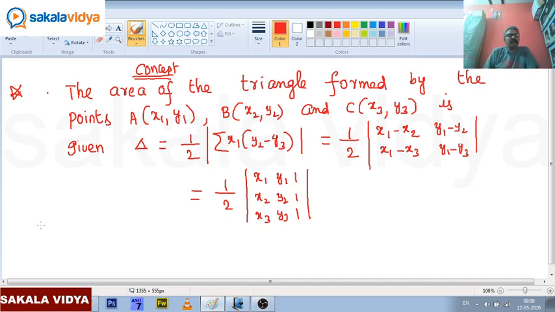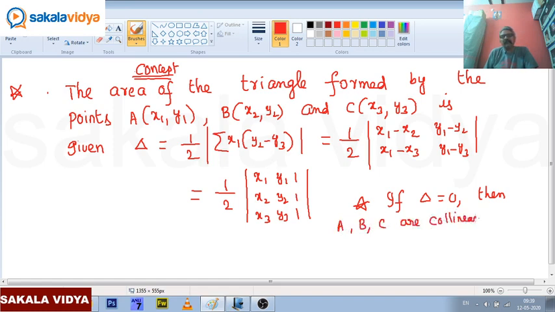So generally, one more concept you need to remember: if delta is equal to 0, then A, B, C are collinear, that is they lie on a straight line. Okay, this concept you remember. So now with the help of this concept, this problem can be solved.